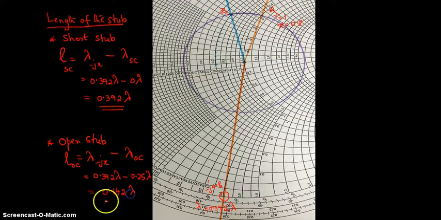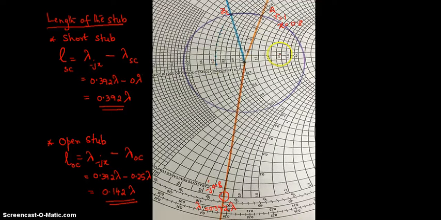0.142 lambda. So if the question is asking you to find the length of a short circuit stub, you will take the minus JX point's lambda minus the short circuit's lambda, for example 0.392 minus 0, which is 0.392. For a short circuit stub, most of the time you get the same value because it is always 0. Now if it is an open stub, you will do 0.392 minus 0.25 lambda, which is equal to 0.142 lambda.